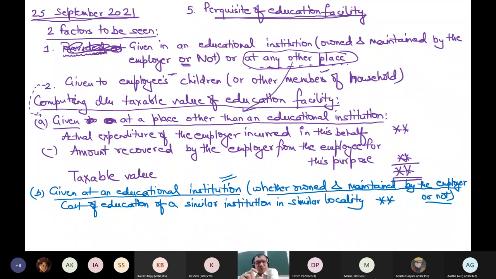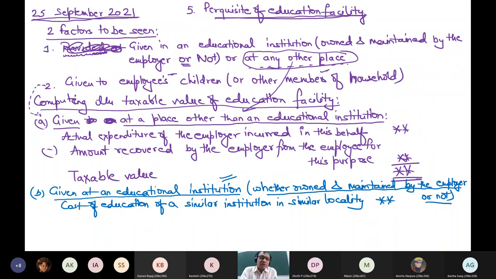So for the school in which the education facility is provided to the employee, check any other school of equivalent status in a similar locality, so that you can get an exact idea where there are no chances of any tax evasion or tax avoidance.